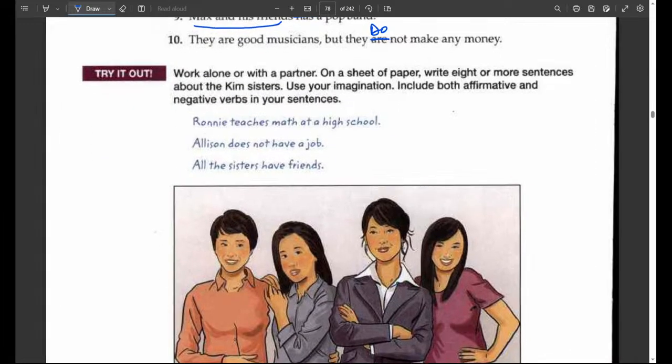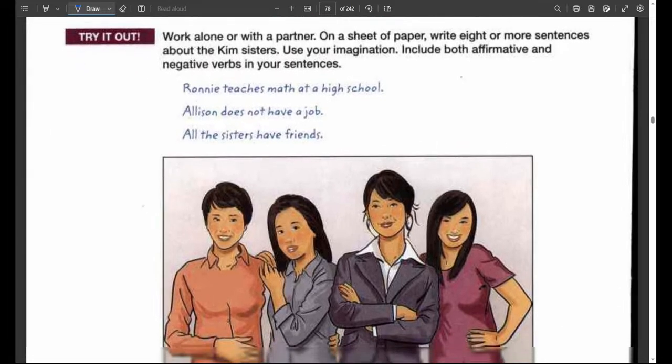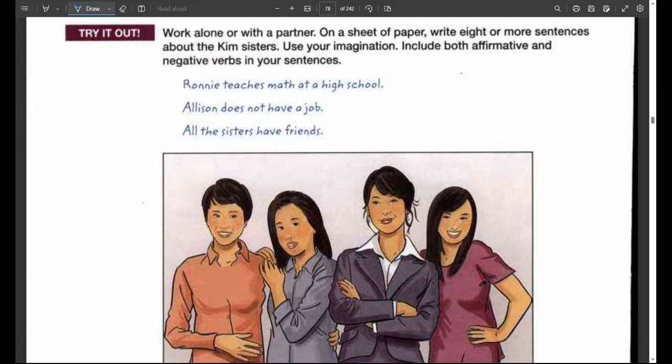Try it out. Work alone or with a partner. On a sheet of paper, write 8 or more sentences about the Kim sisters. Use your imagination. Include both affirmative and negative verbs in your sentences.